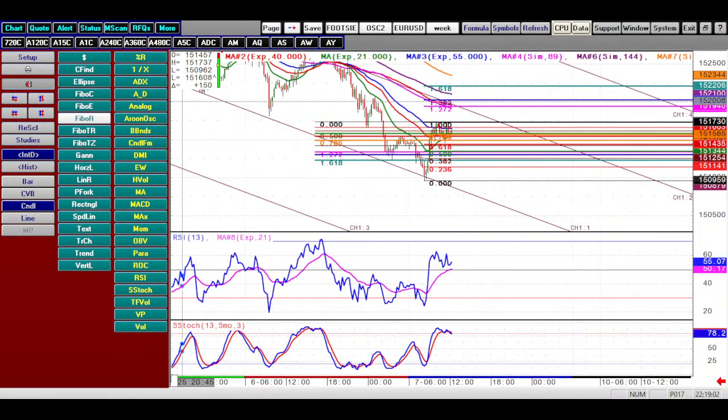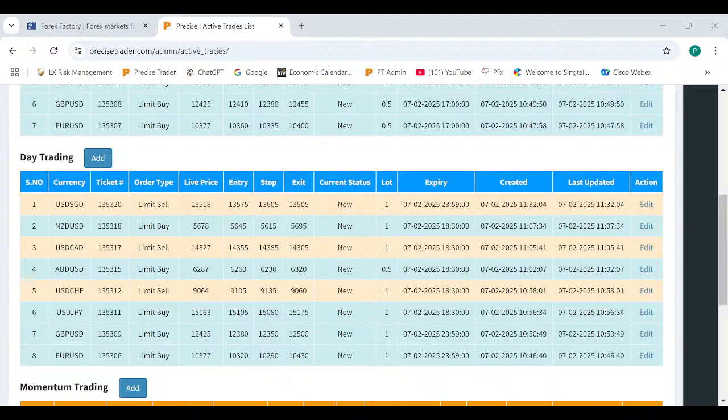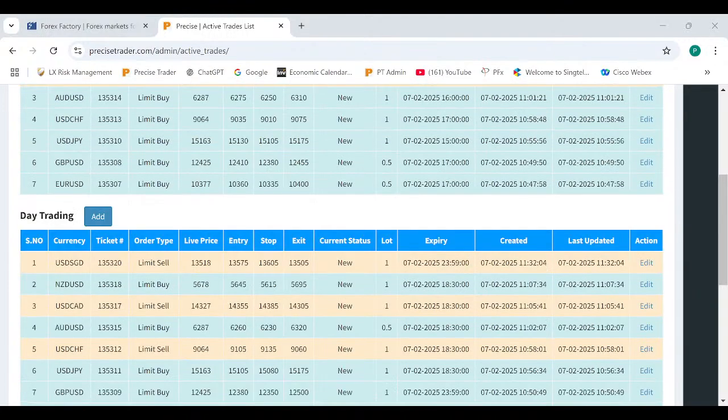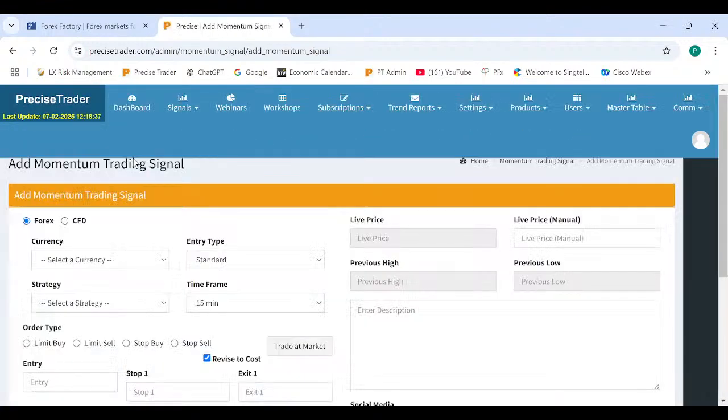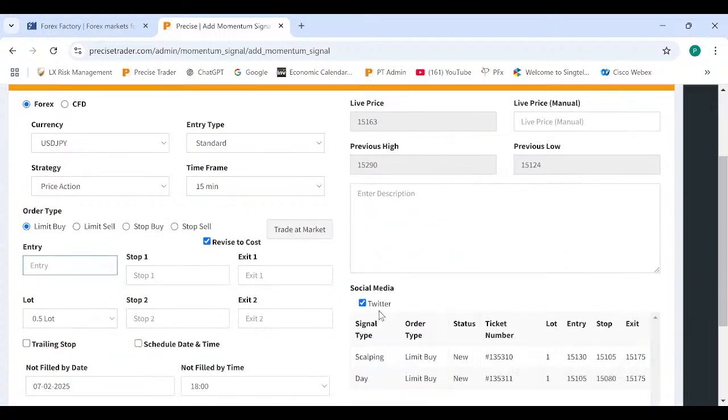So how we can do this is, I think we can have 3 trades on this. One is we try to go for the market, I wouldn't say market, slightly better than 15130. So we'll go for a limit buy at 15145, with stop at 15110 and exit at 15195, and this is a half lot.